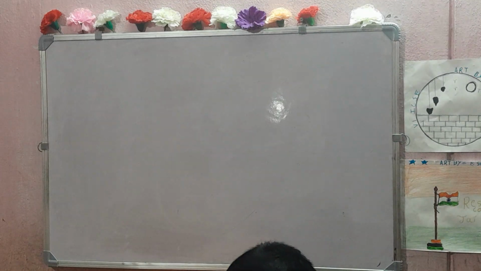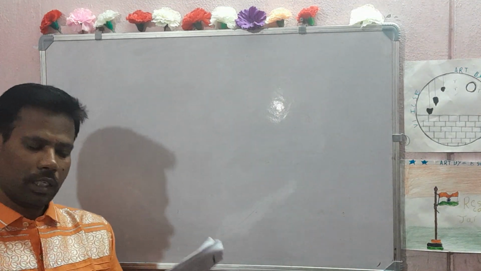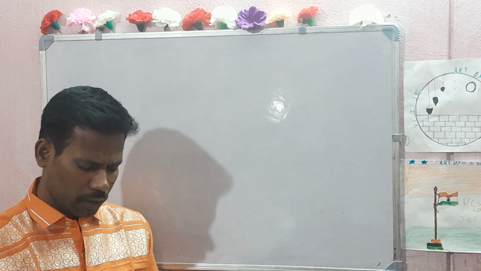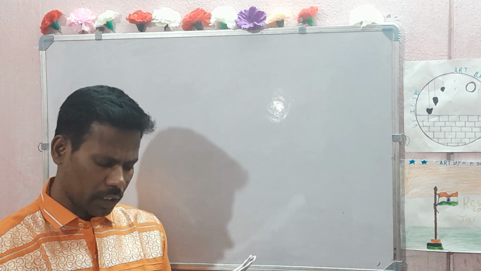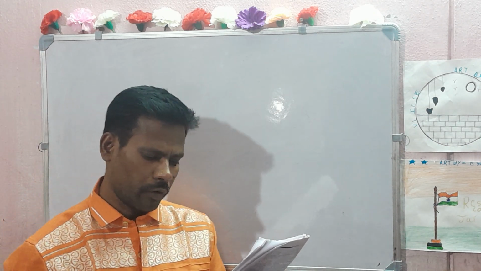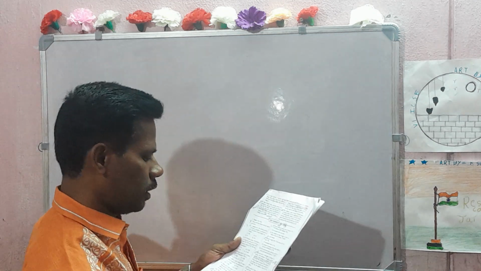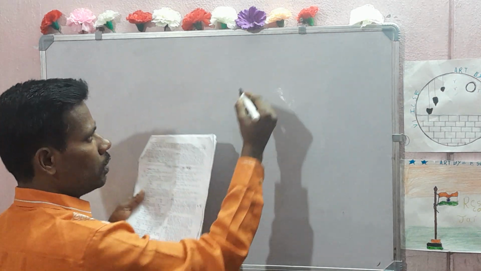So what is given? Question number 5, exercise 3C. Aishwarya bought 496 rupees 100 shares at 132. Find the investment made by her. First question is that one.